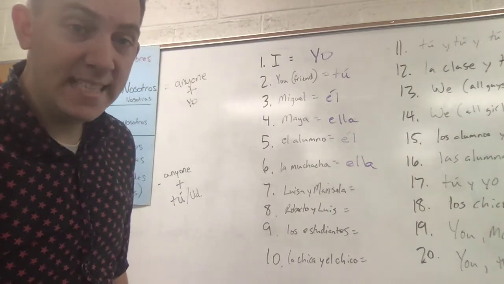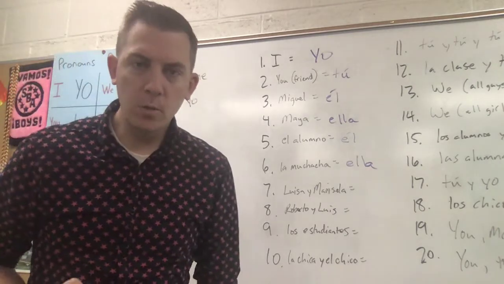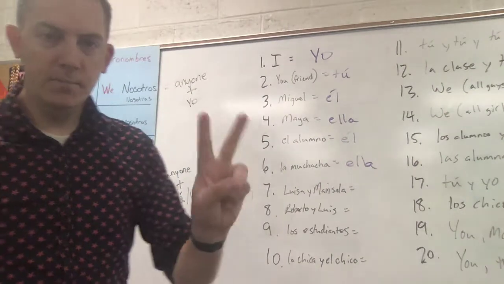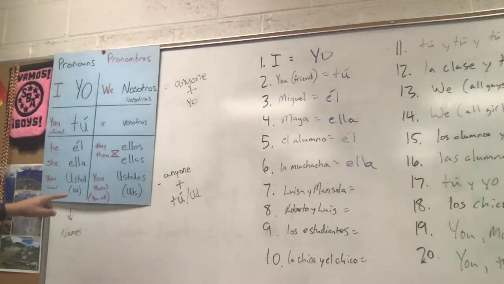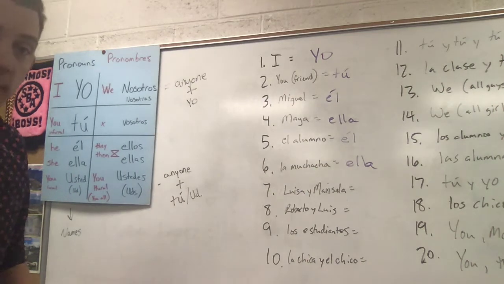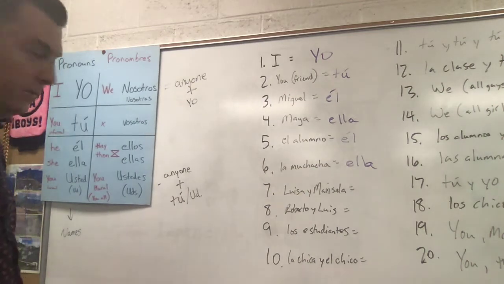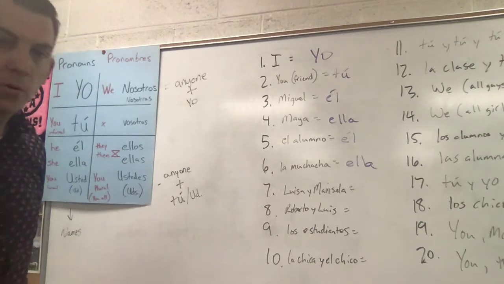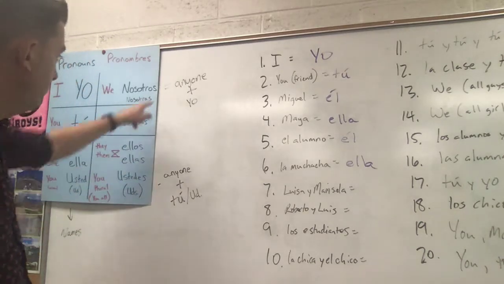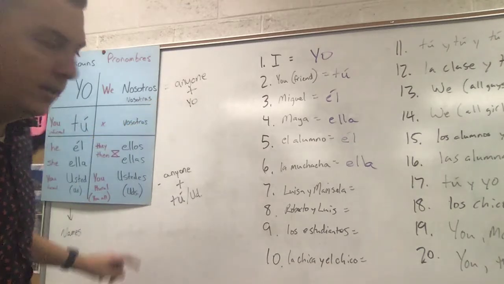Okay? Now, if we look down here and see Luisa y Marisela, how many people are we talking about? Luisa y Marisela. There's two people. Is that going to be any of these? No, because we talked about these are for singular people. All right? Over here are the pronouns for groups. So is yo part of that one? No, it is not.